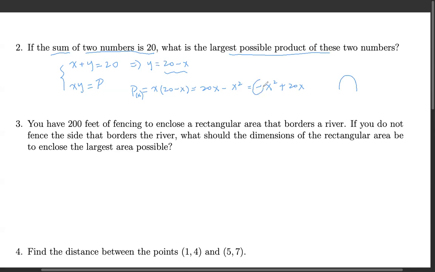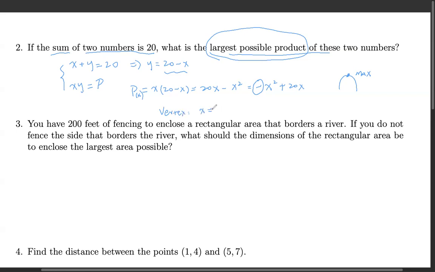Because the leading coefficient is -1. In a downward parabola, the vertex is called a maximum. So if we're looking for the largest possible product, that is the function value of this point, right? This point, remember, we call the vertex. How do we find a vertex?